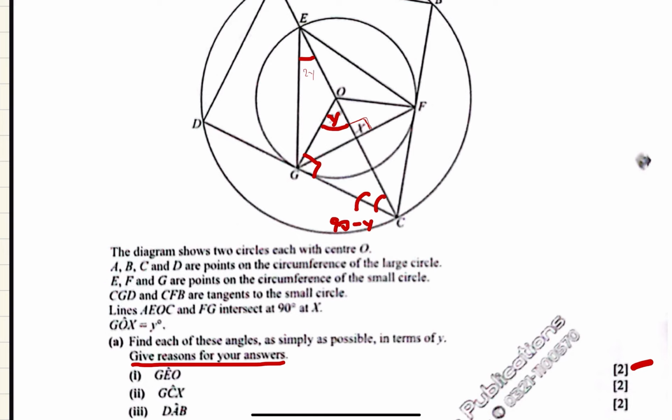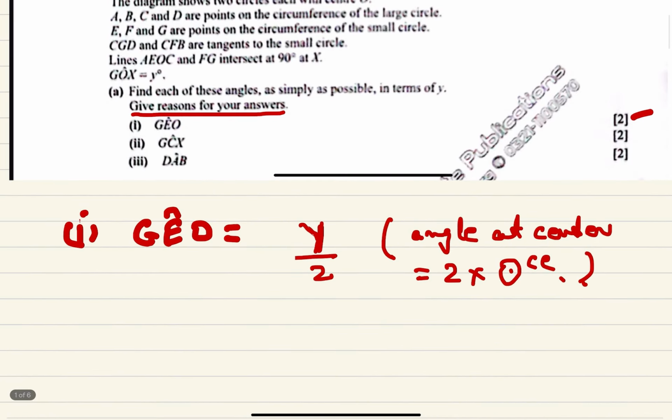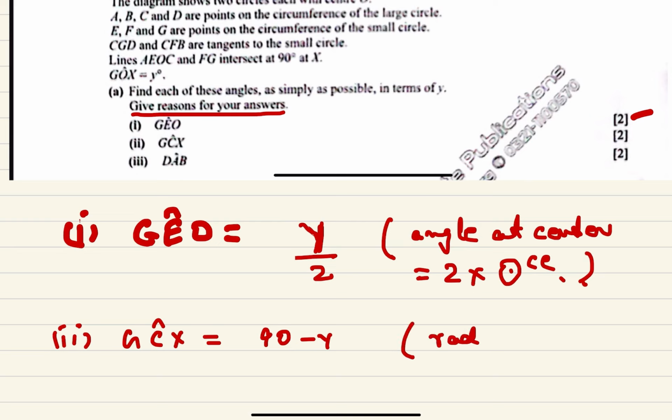So what we can write here in part B, angle GCX is 90 minus y. The reasons are that radius is perpendicular to the tangent, and complementary angles.